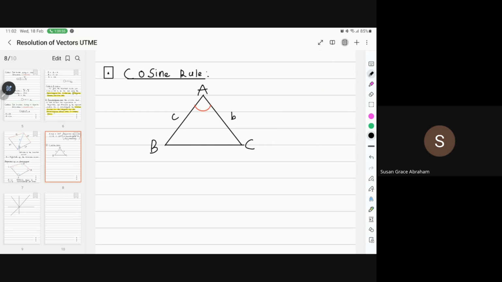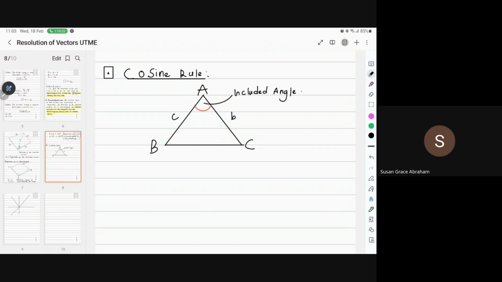Now, if I know this, look at this. This is a side of the triangle, this is a side of the triangle, and there's an angle between them. So when you have two sides of a triangle and an angle between them, that angle is what we call an included angle, which means an angle between two sides.